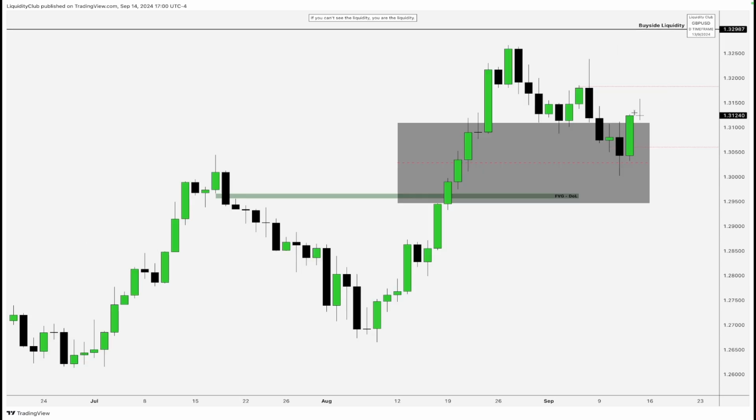Going to the daily time frame chart, as you can see, we're creating lows on lows here, trying to reach lower. And personally, I wanted to see price retrace downward all the way towards this fair value gap here, because this is the only fair value gap that is printed in this sell side delivery. In this swing down lower, this is the only fair value gap inefficiency that is inefficient.